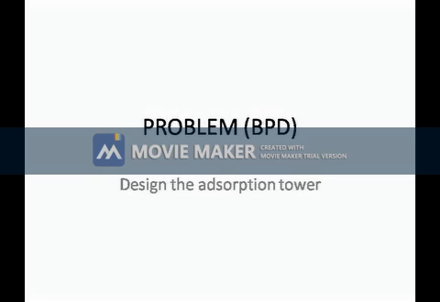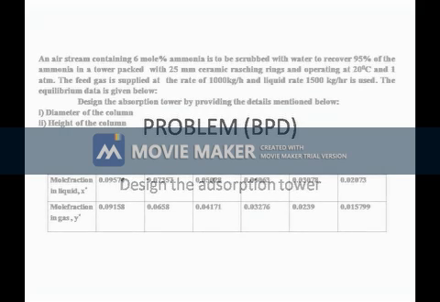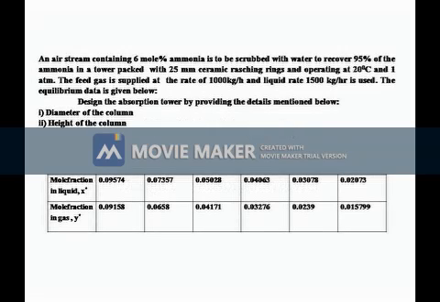Again, absorption. An air stream containing 6 mole % of ammonia is to be scrubbed with water. Scrubbing means absorption only. With water to recover 95% of the ammonia in a tower packed with 25 mm ceramic Raschig rings and operating at 20 degrees centigrade and 1 atmosphere pressure.